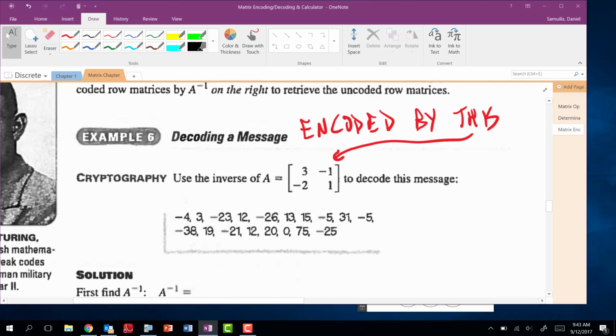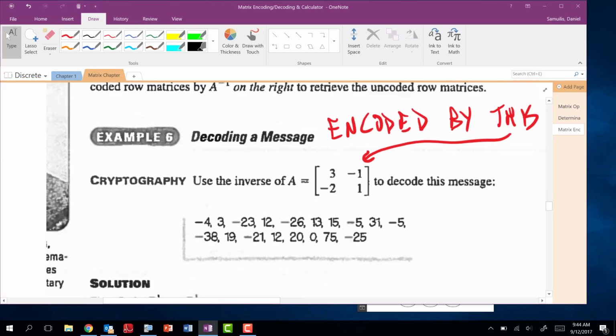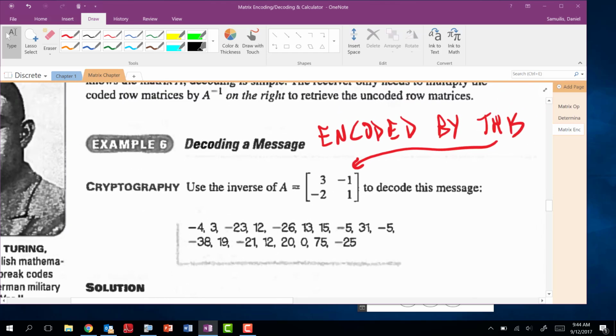Okay, so this is the encoding matrix. This is saying this has already been encoded. So there was a sensical message, this -4, 3. Before this, it was a message, all the numbers were between 1 and 26, and it made sense.